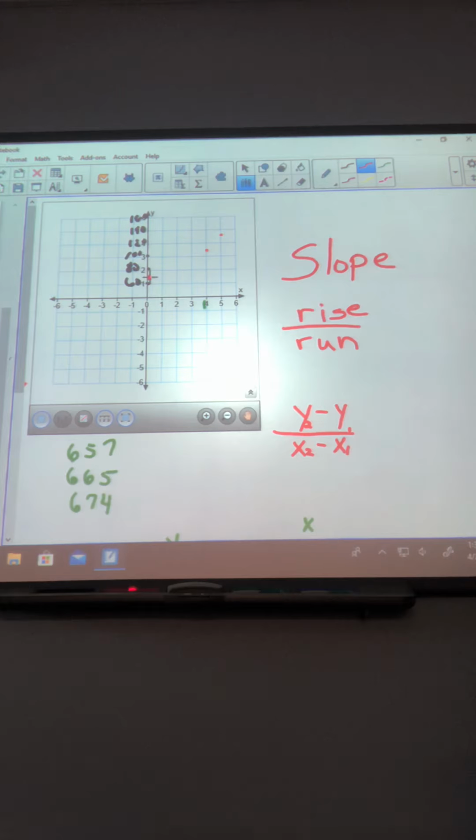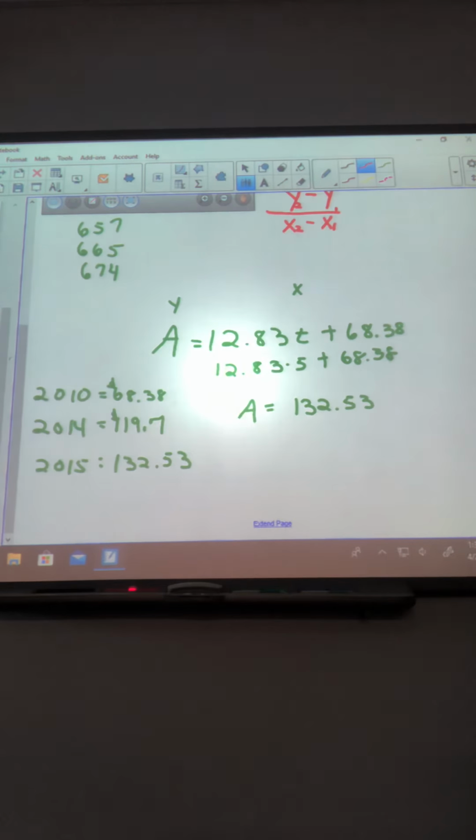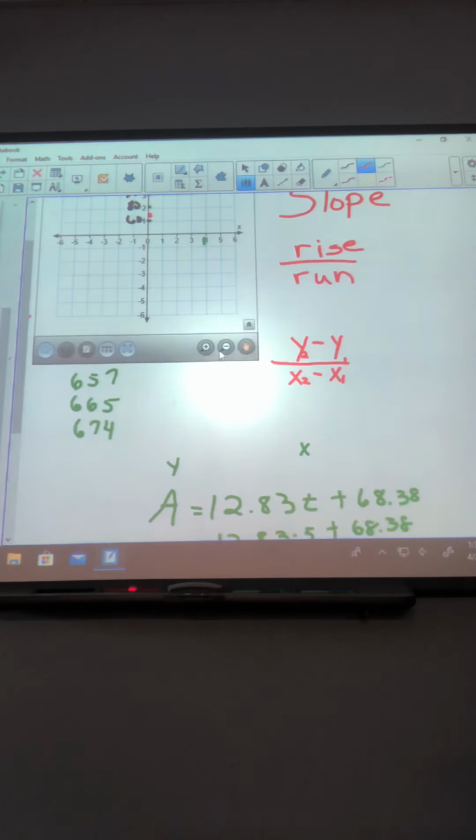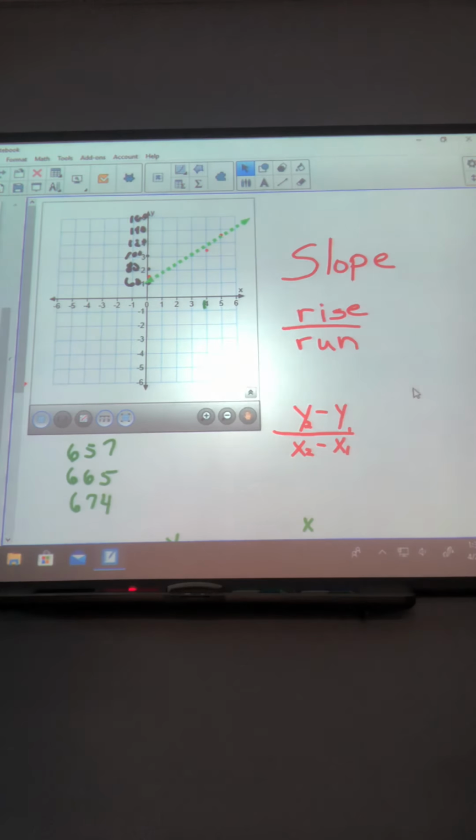So this was the 68 billion, it was billion I think, and our next point was the 119, and then this one was the 132. Looks like I still needed to move that fourth point up a little bit, didn't I? To maybe there. Okay. And so you can also see that it's a positive slope.